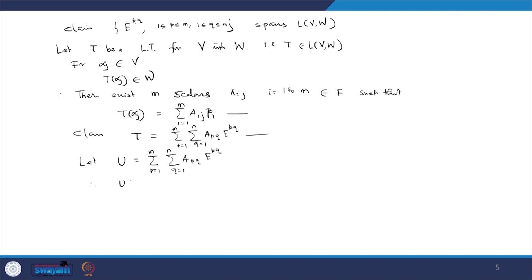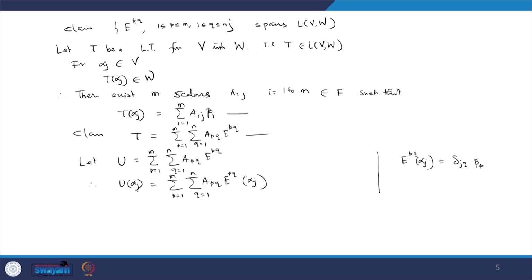Now, if I see the image of alpha j under U, U of alpha j will be equal to the sum over p equal to 1 to m and q equal to 1 to n of a_pq E_pq operating on alpha j. Already we know the definition of E_pq: E_pq operating on alpha j equals delta jq into beta p.